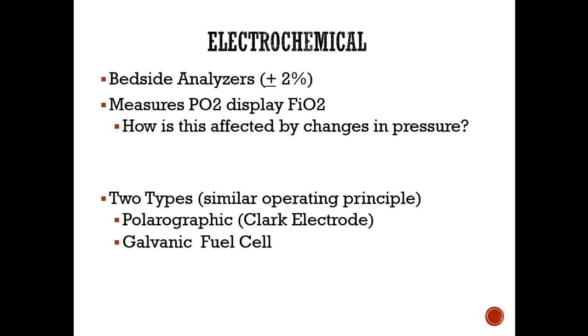So if the analyzer is measuring the partial pressure of oxygen, it could read falsely low, because your equipment would still be delivering, let's say, 60% FiO2, but your actual analyzer is measuring the partial pressure of oxygen. So this allows for some potential errors. These are pretty low frequency events, but it's definitely something that the board wants you to understand and something that you would be examined on.